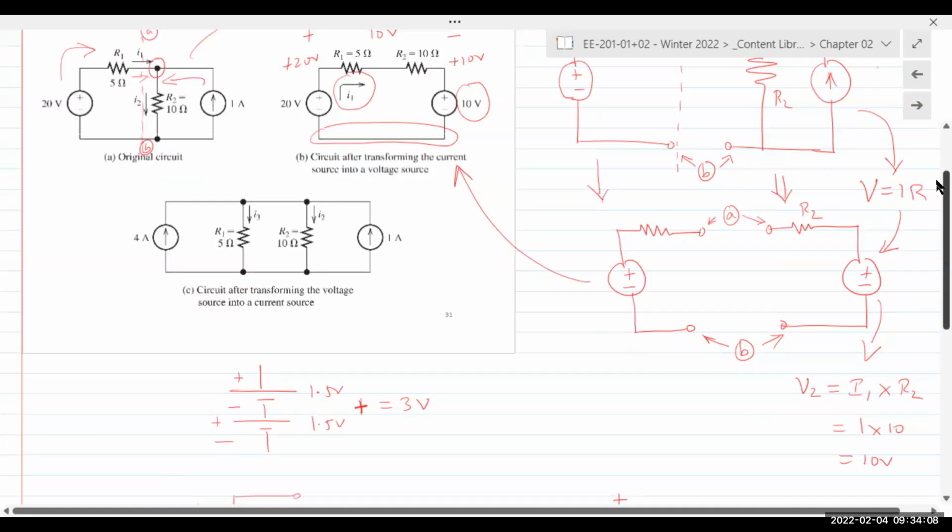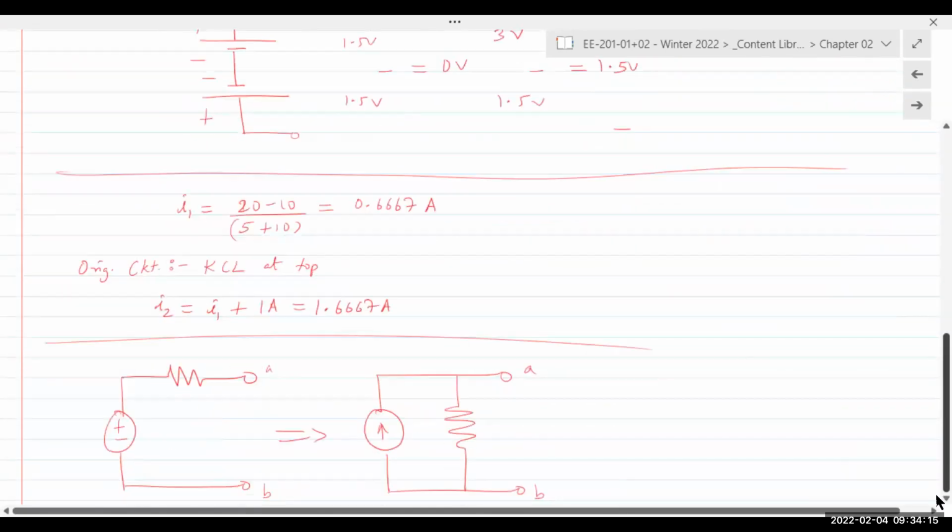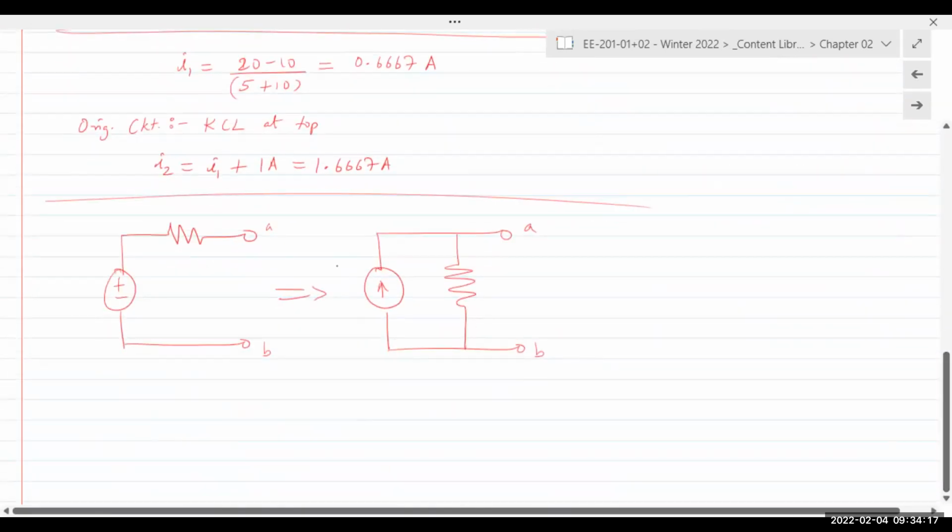The value of the voltage source is 20. R1 is 5 ohms. From Ohm's law, I can write I is V over R, so this would become 4 amps, 20 over 5. Let's write it this way: I2 would be 20 divided by 5, 4 amps. This would still remain R1, which is 5 ohms.